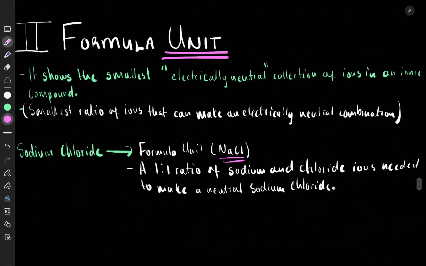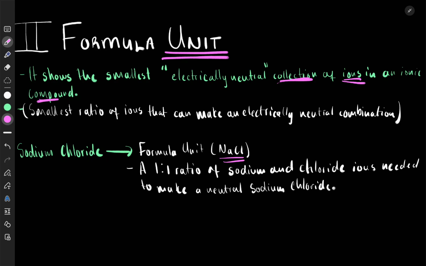All right, now, what is a formula unit? What makes us say that NaCl is Na plus and Cl minus? Well, a formula unit shows you the smallest electrically neutral collection or combination of ions that is in your compound. So it's not going to look at all the ions. We know that they are together, in a pattern, but we'll see what combination leads to a neutral guy.